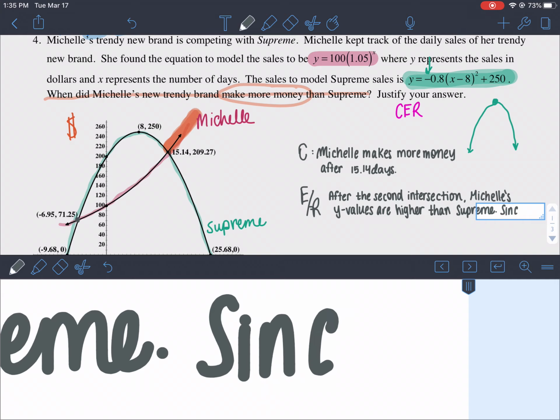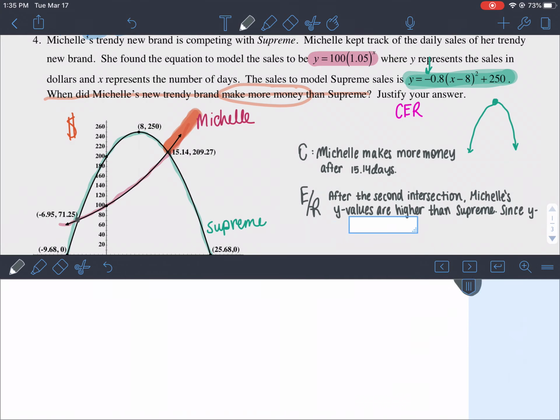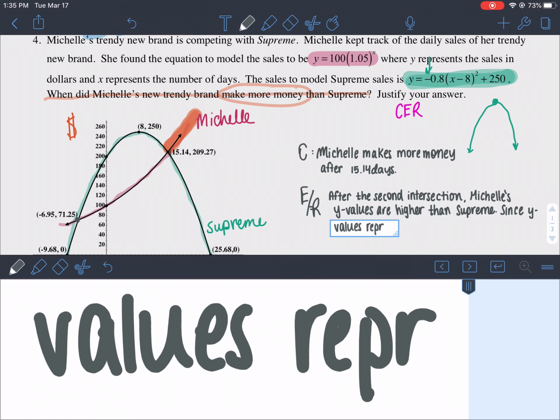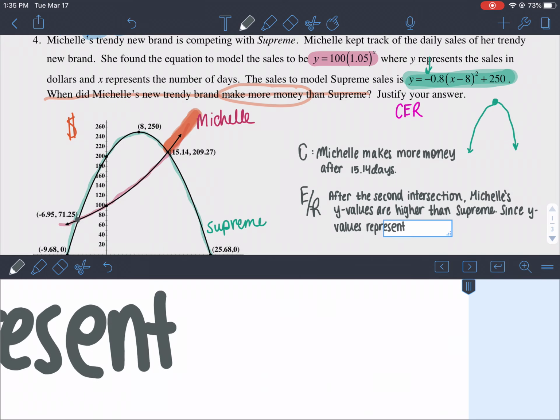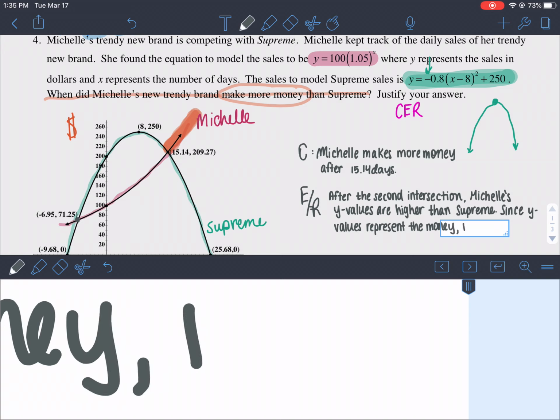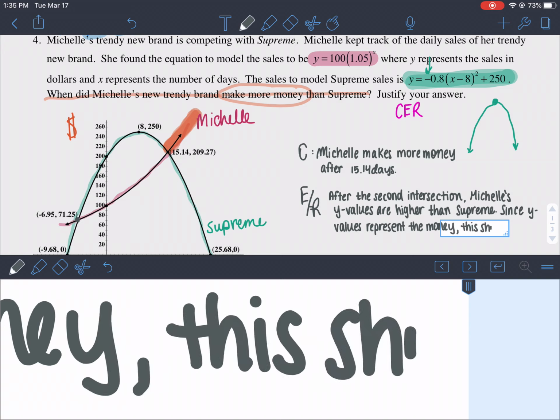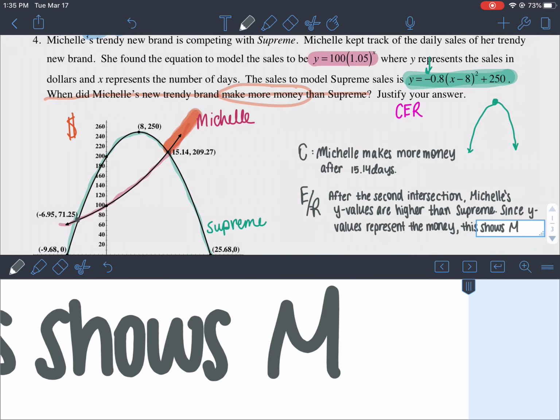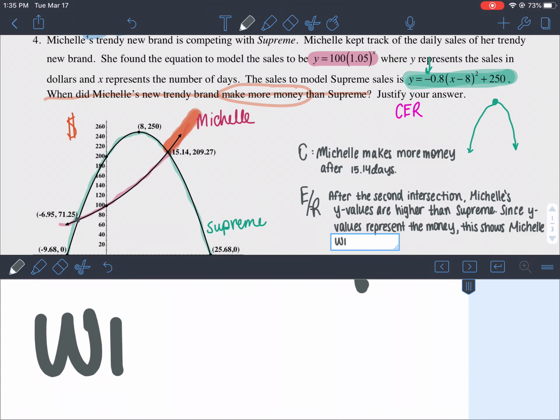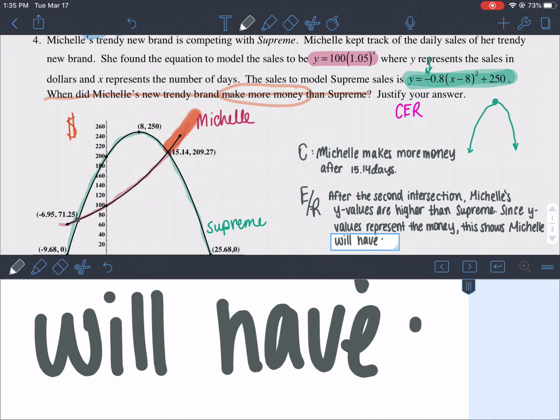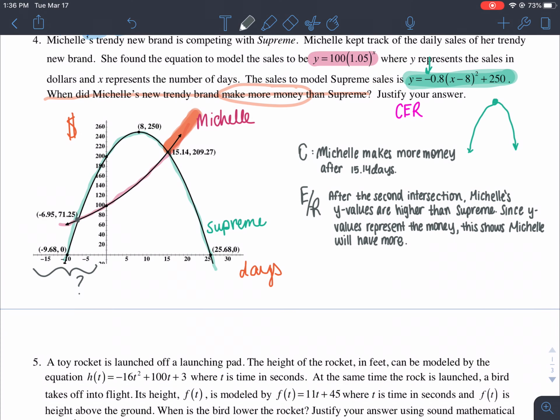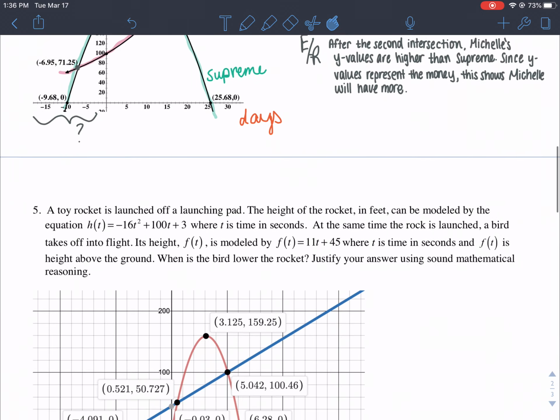Since the y values represent the money, this shows Michelle will have more money. Boom. That's it.